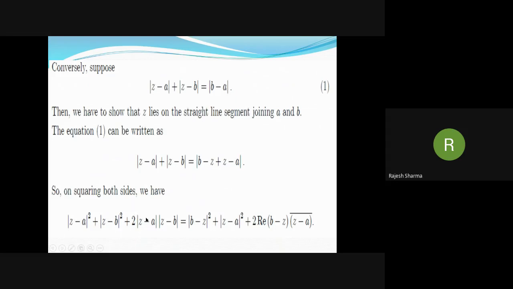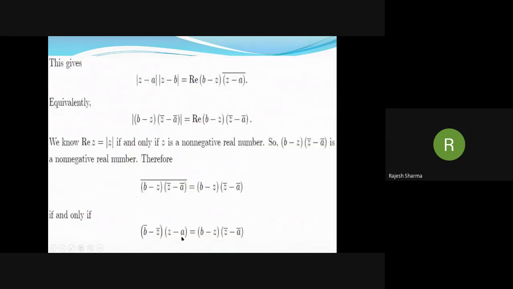Cancelling these two terms, we see that this implies |Z - A||Z - B| is equal to Re((B - Z)(Z - A) conjugate). Equivalently, we can write |Z| is equal to |Z bar|. So writing here Z bar, that is Z conjugate minus A conjugate, this expression is equal to this expression.